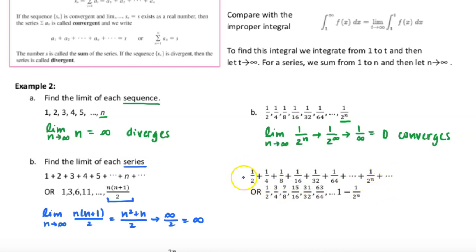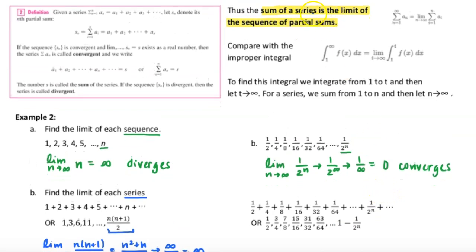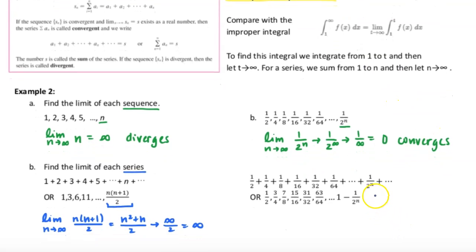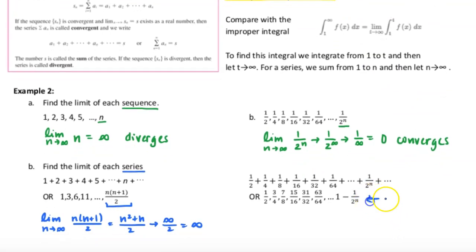And I can represent this series as a sequence of partial sums. Let's just make a note that that's what we see here. This is the sequence of partial sums. And I found the actual rule for this sequence of partial sums, and this is what I'm going to find the limit of.